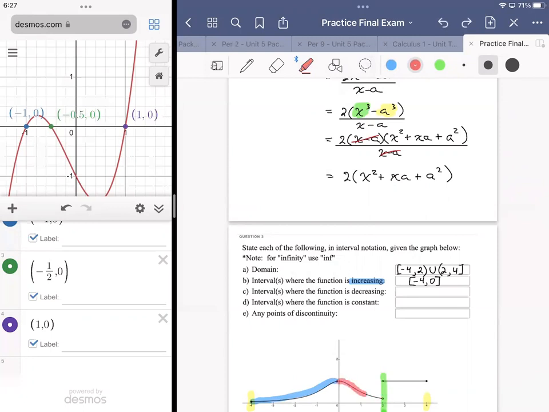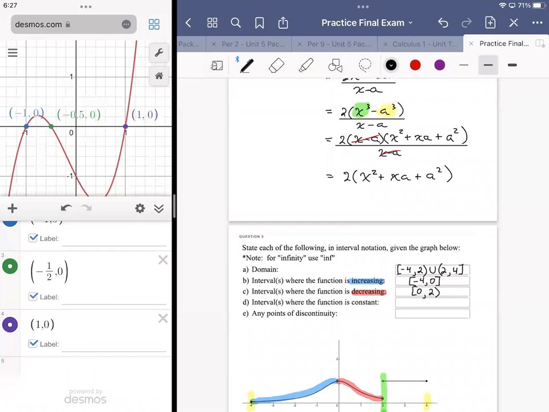So that would be going from 0 to 2. All solid points. Oh wait, actually at 2, it's not a solid point, it's an open circle. So 0 to 2, parentheses on the 2.